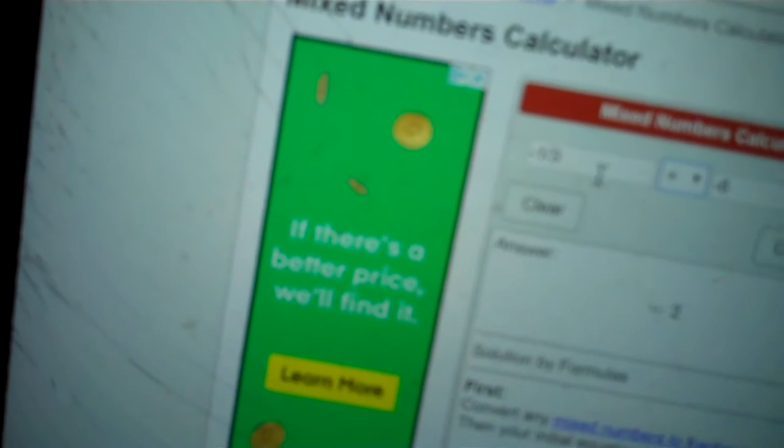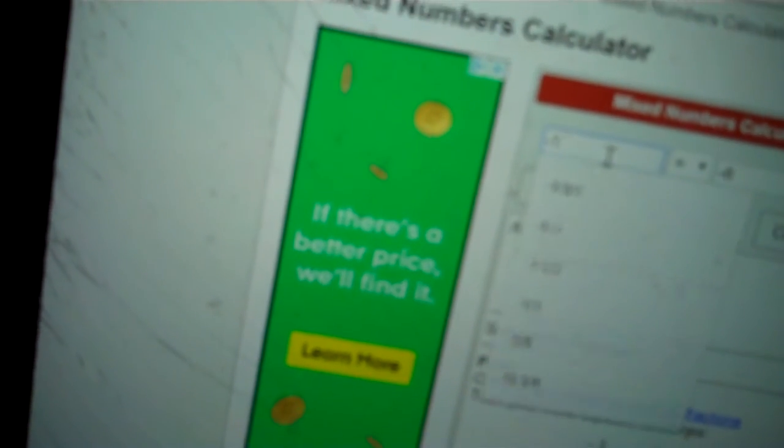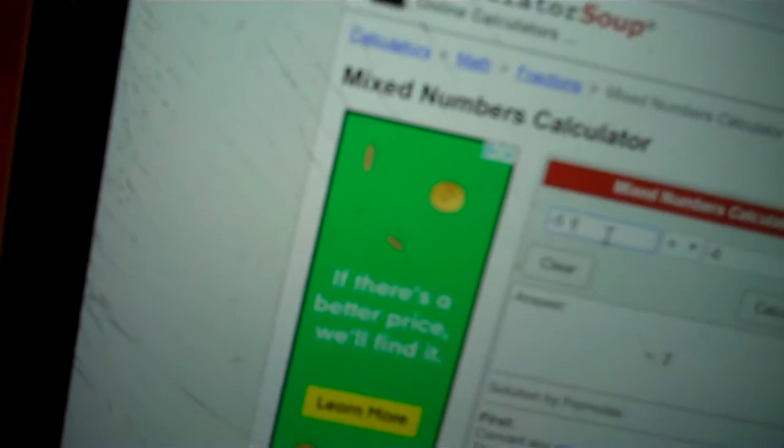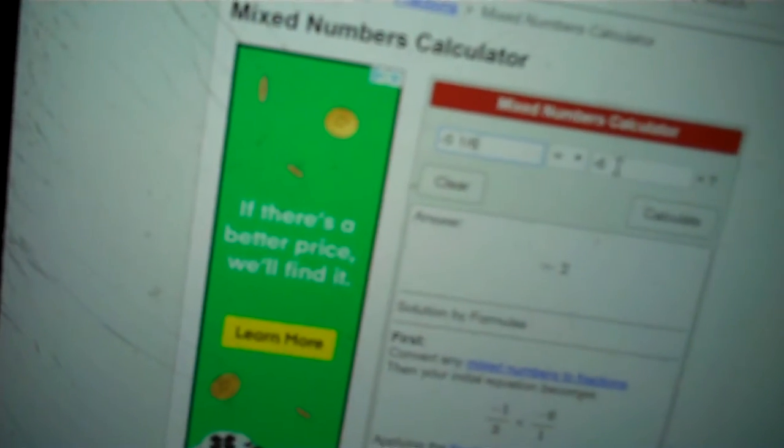Okay, number 12, you have -5 1/6 divided by 2 4/5. Okay, so this time I'm dividing. I know the answer is a negative because it's a negative divided by positive, so -5 space 1 divided by 6, and then 2 space 4 divided by 5.